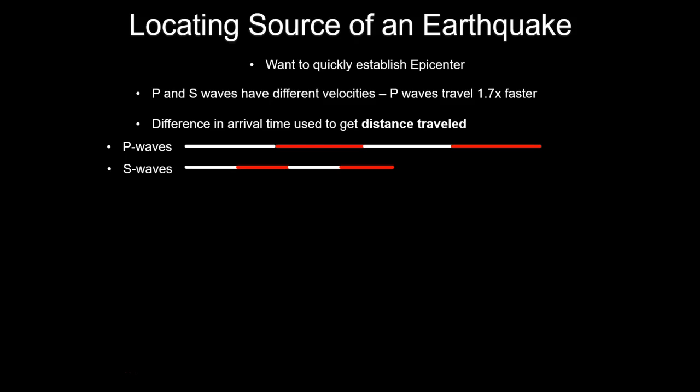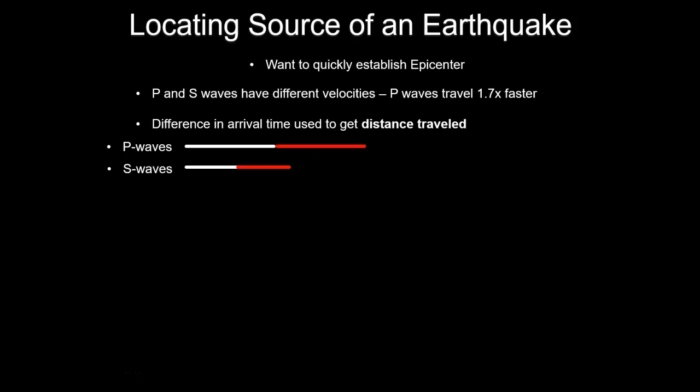Okay? So let me say that again. The longer the interval between the arrival of the first P wave and the arrival of the first S wave, the greater the distance to the epicenter from that seismograph. So if this is when the P wave arrives to the seismograph, the distance between these two is not very high, so the S wave will arrive relatively soon after.